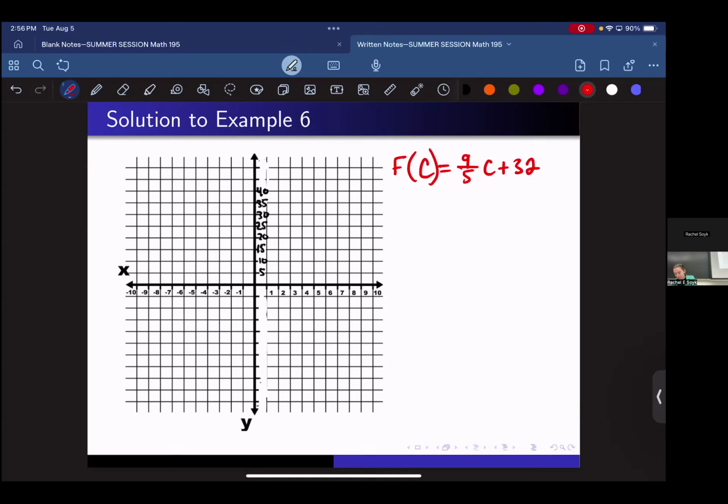So when C is 0, then we have 32, which is here. And then let's do when C is 5, then we have 9 plus 32, which is 41.